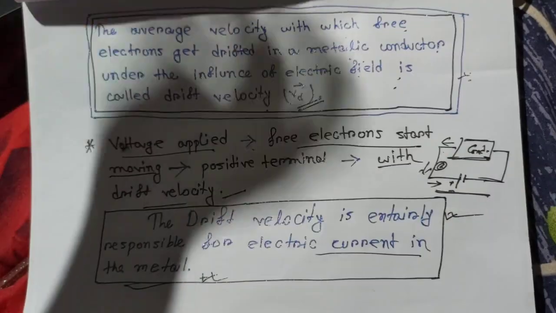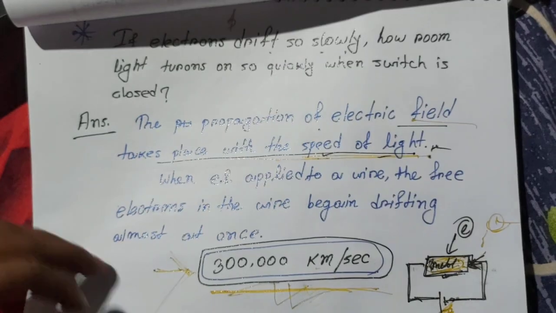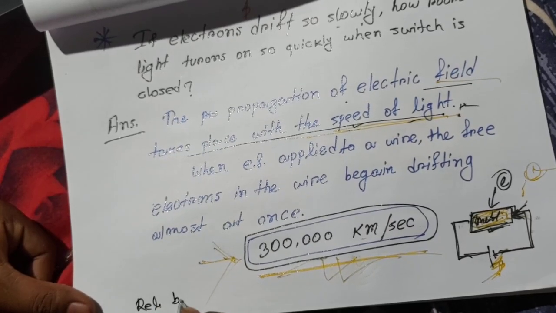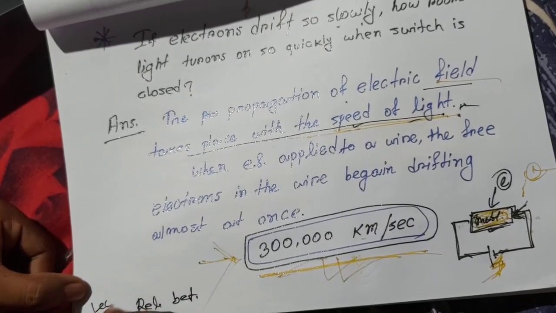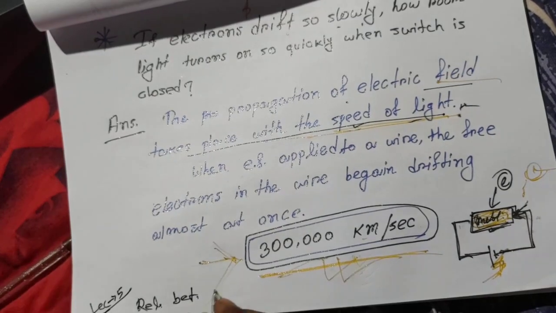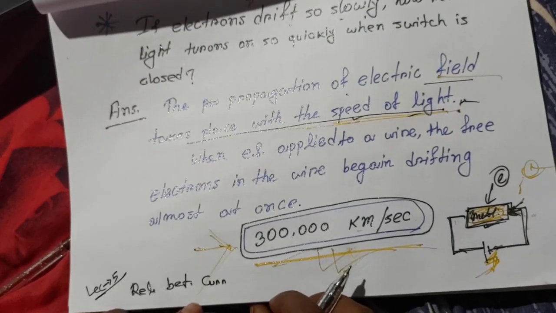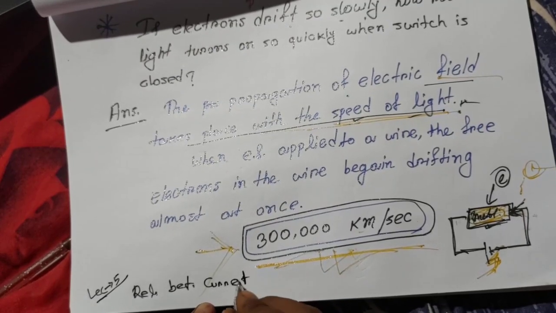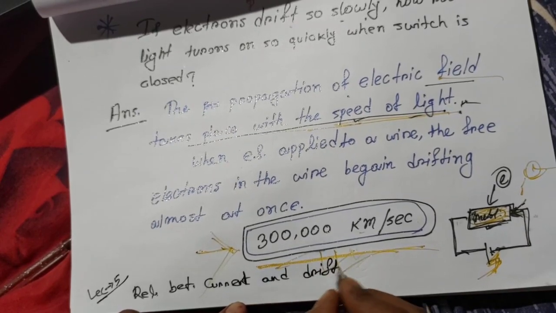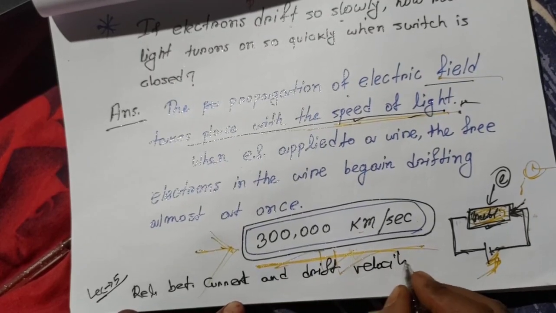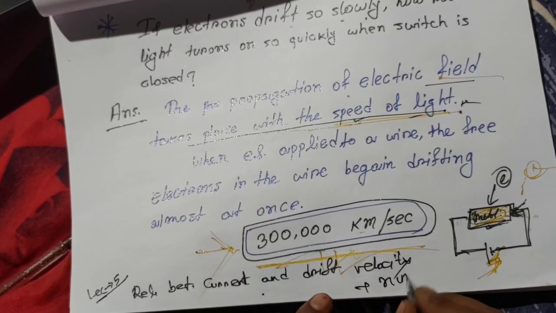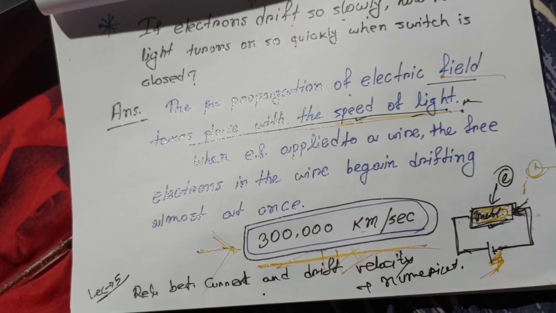So the next lecture will be lecture 5, relation between current and drift velocity, plus some numerical problems.